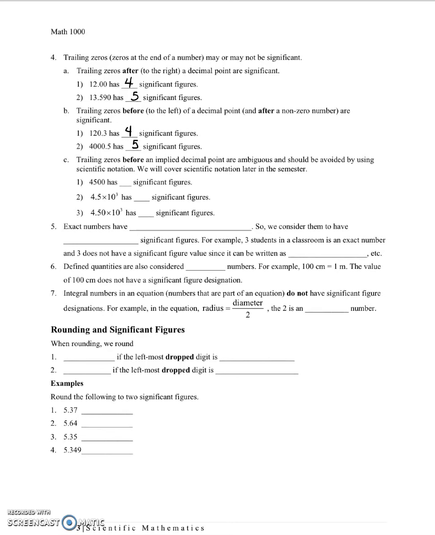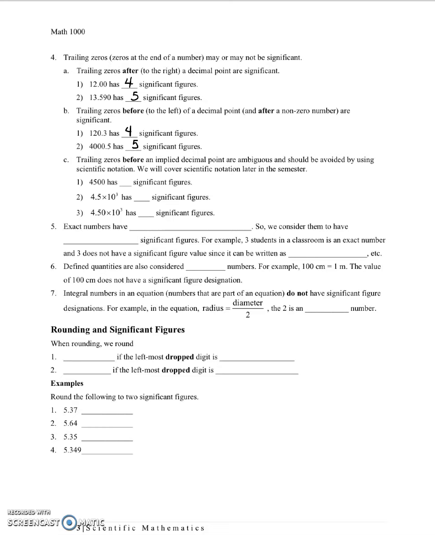Okay. Here's where we run into problems. Trailing zeros that are before an implied decimal point are ambiguous, and therefore we should avoid them by using scientific notation, and we'll talk about the scientific notation later.